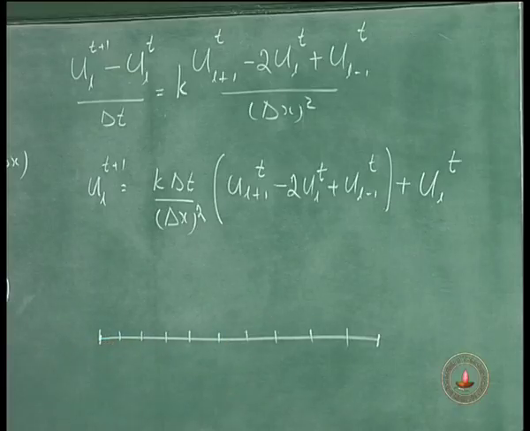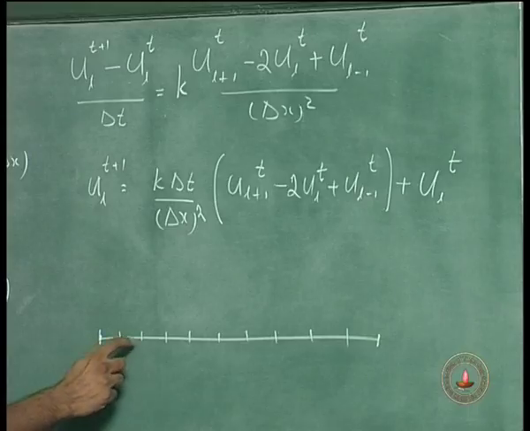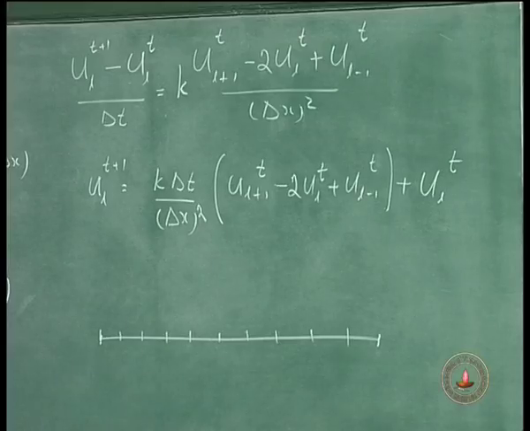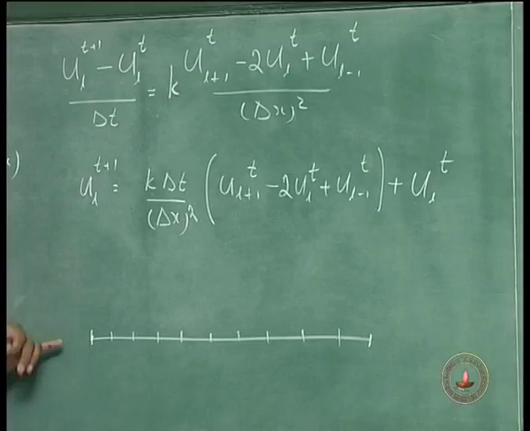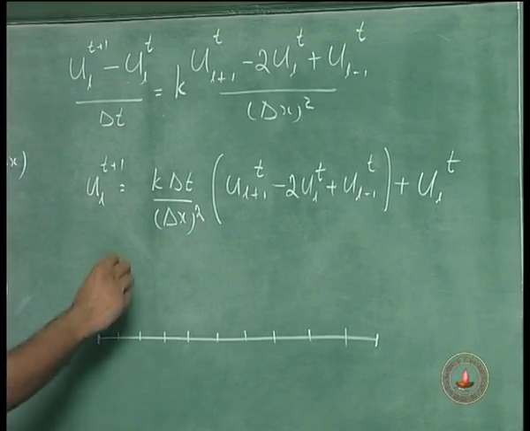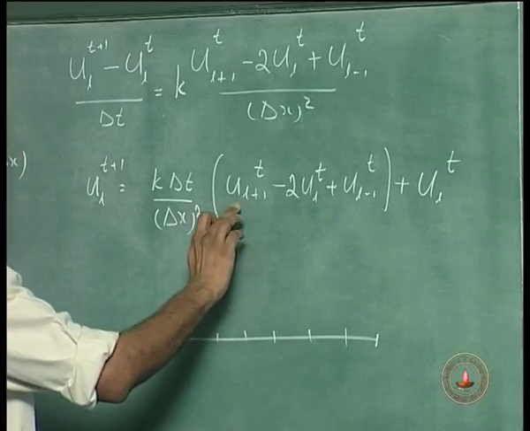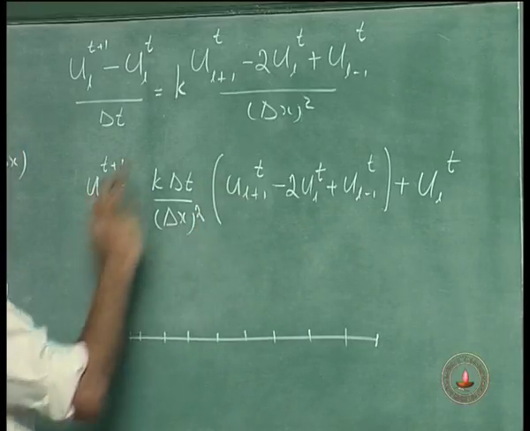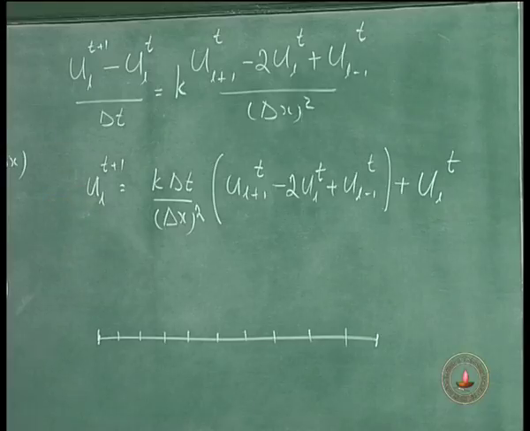At time t equal to 0 we know the temperature at all the points. And then at time t plus 1, that is t plus delta t, the temperature is given by this equation. The right hand side is completely in terms of temperature at t, and the left hand side gives us the temperature at t plus 1. So using this equation we can easily solve this.